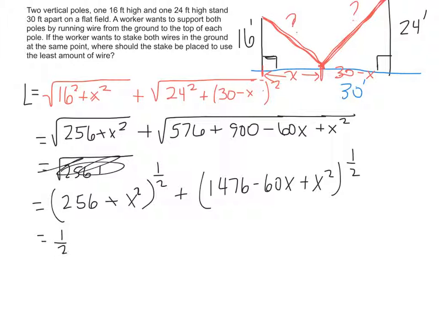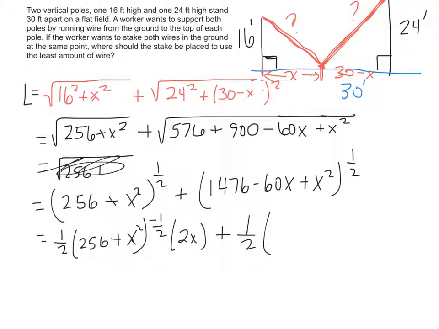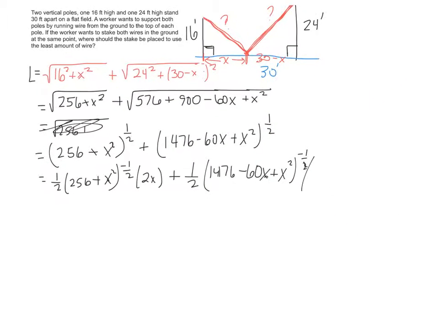So this is going to be 1/2 times this 256 plus x squared to the negative 1/2 times 2x, derivative of the inside, chain rule, excuse me, plus this here, derivative of this piece, times, that's going to be negative 60, using my chain rule, plus 2x.